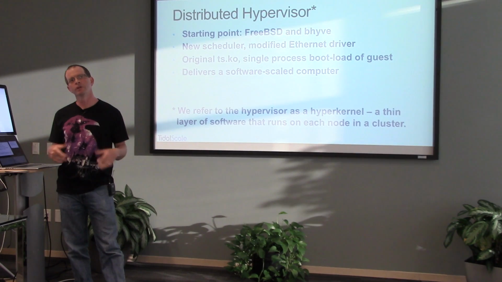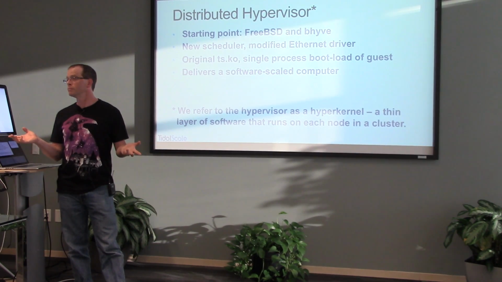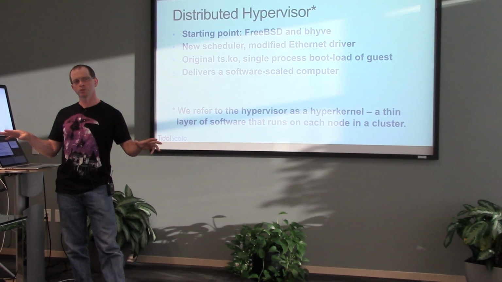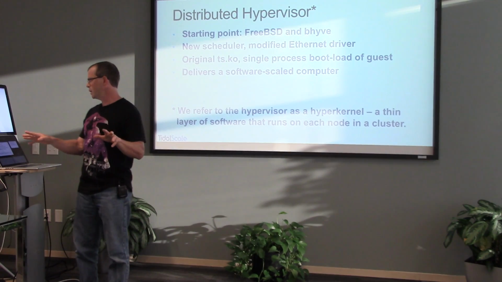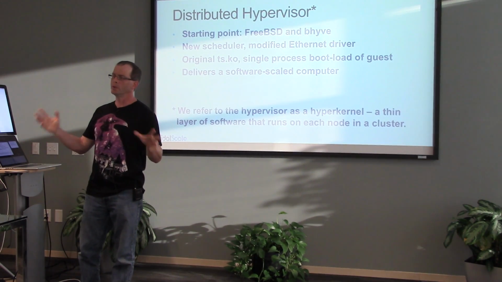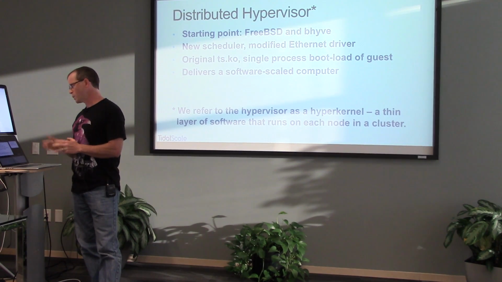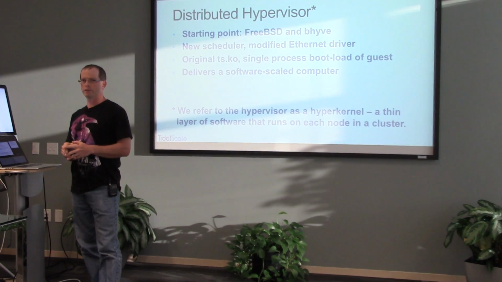What do we really have? 10 gigabit Ethernet. So we use that 10 gigabit Ethernet to connect the machines and to mobilize all those resources. And I mean all those resources: CPU, I/O, memory. So that's where we had to modify that Ethernet driver.